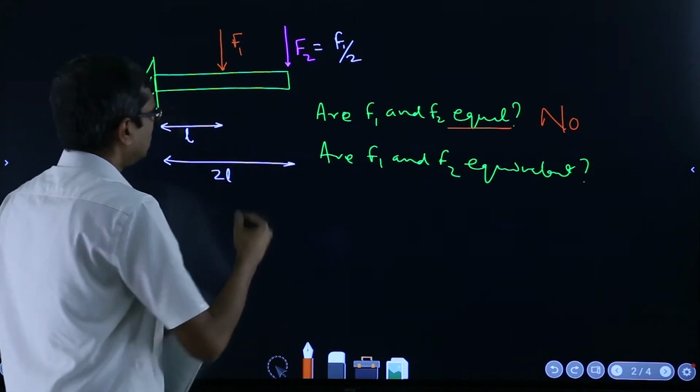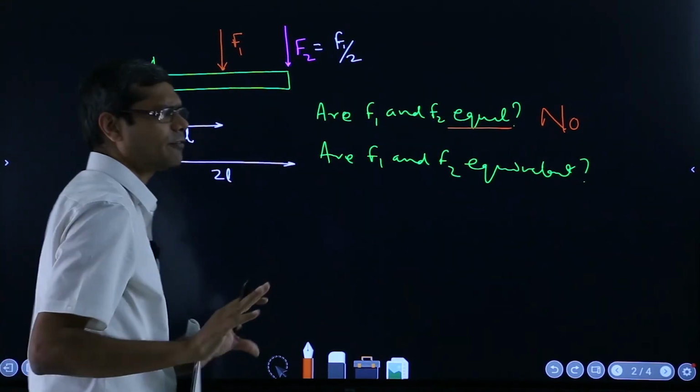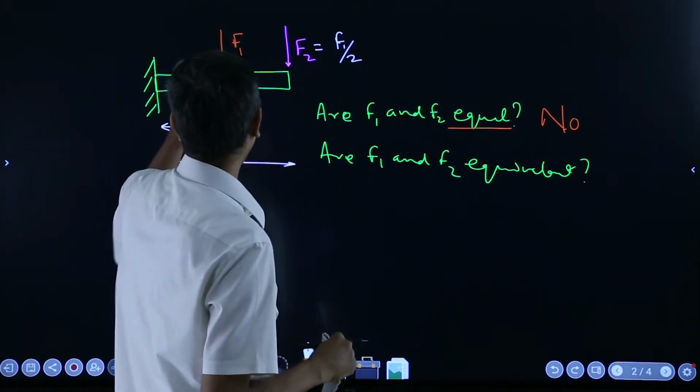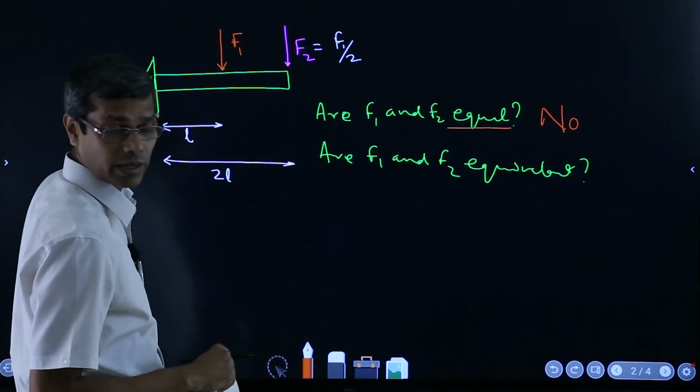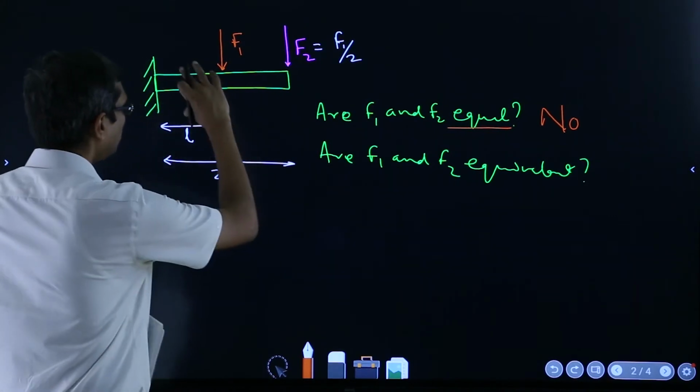For example, let's see, how much twisting effort will this force F1 create at this end of the wall. It will try to bend it, right?